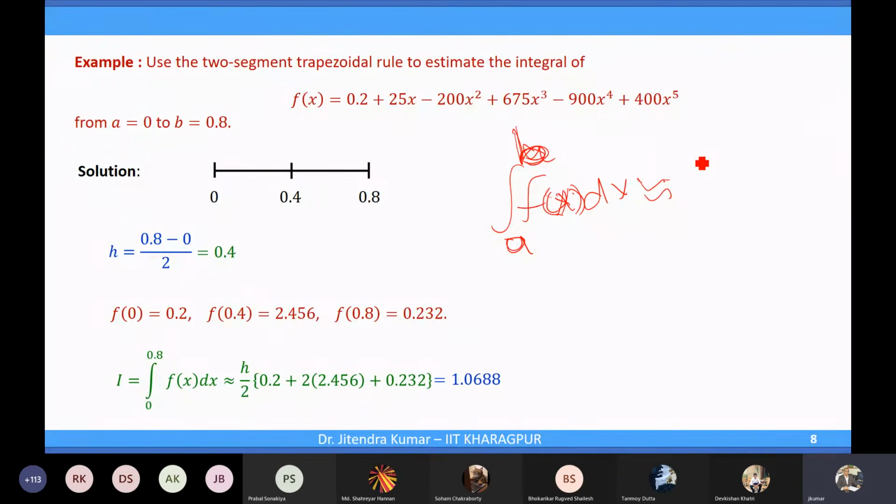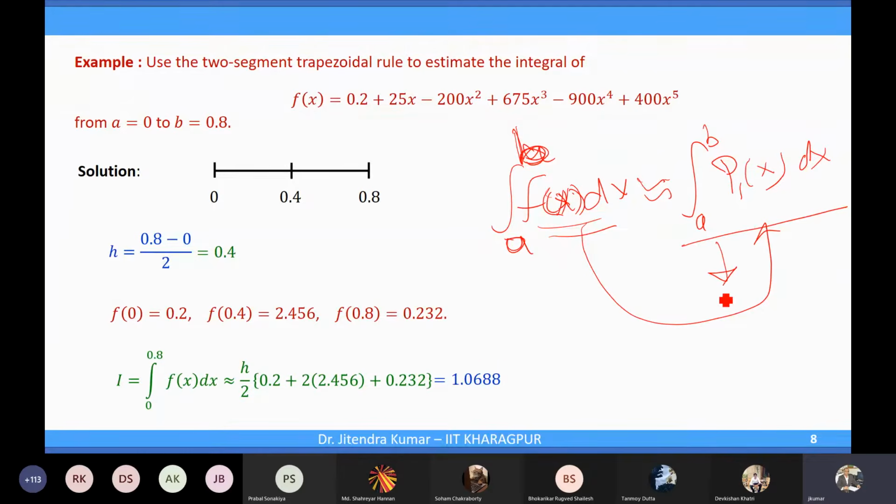So how to approximate, how do those formulas come? It's based on that approximation. In the trapezoidal rule, we have approximated that f(x) by a polynomial of degree 1. And then we got the formula, which is nothing but (b minus a) multiplied by the function value at a plus the function value at b, divided by 2.